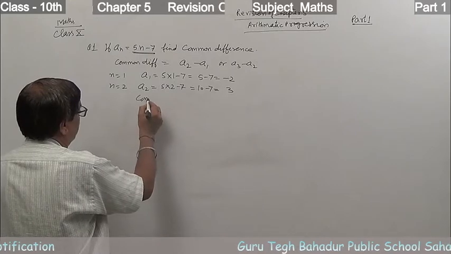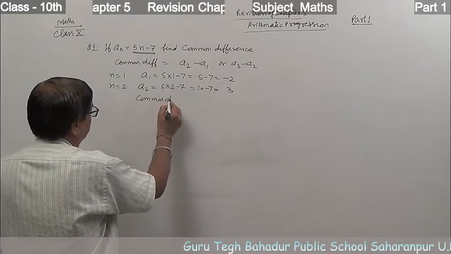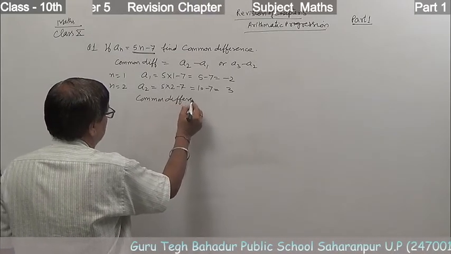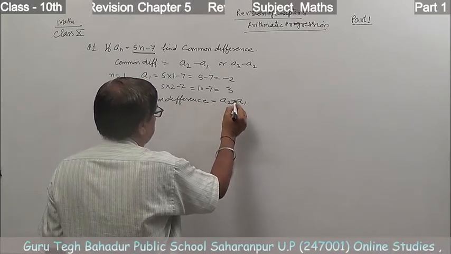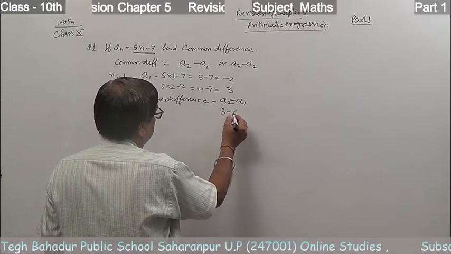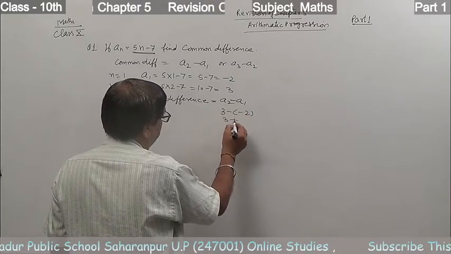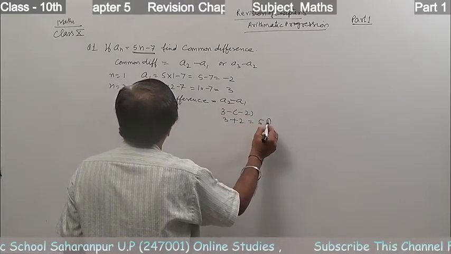So, the common difference is equal to a2 minus a1, therefore 3 minus (minus 2), that is 3 plus 2, which is 5.